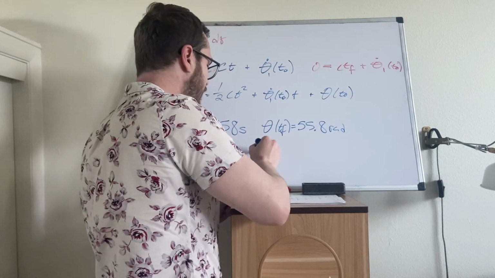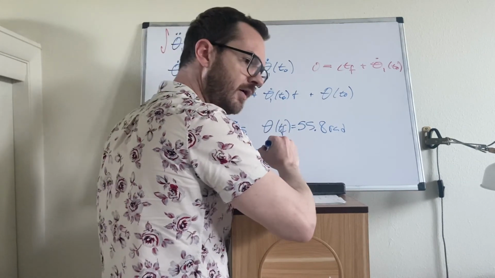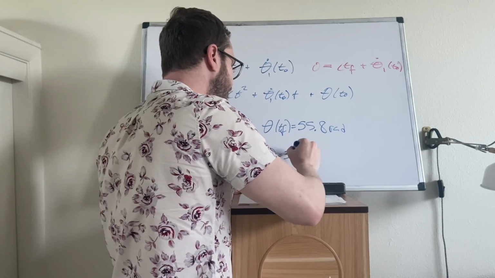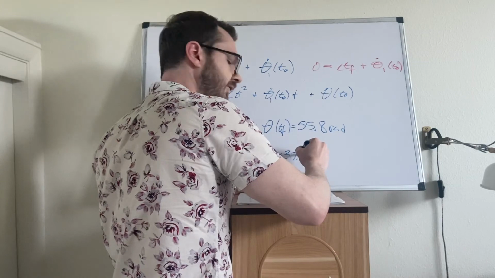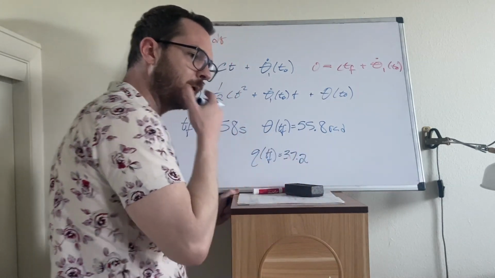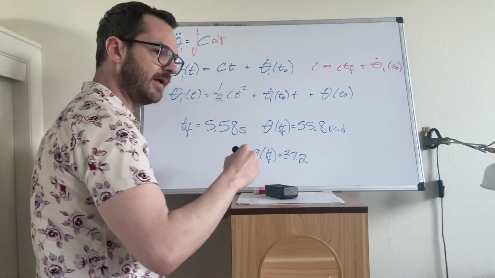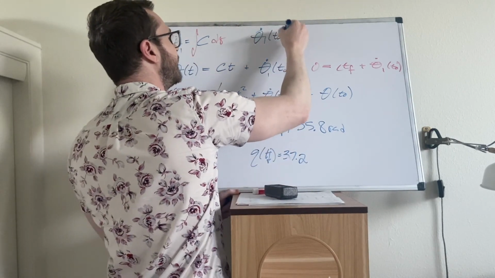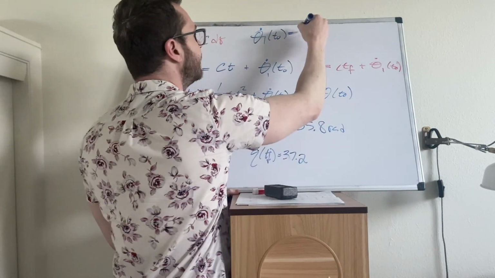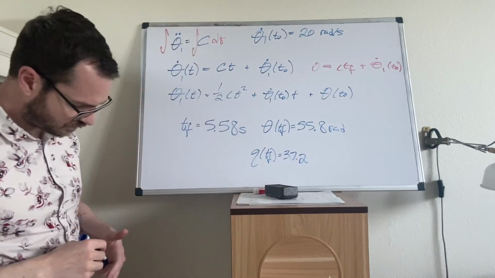And then our Q at the final time was 37.2. Okay. And again, for the values we put into this system to get that, I said that theta 1 dot at time 0 was 20 radians per second.